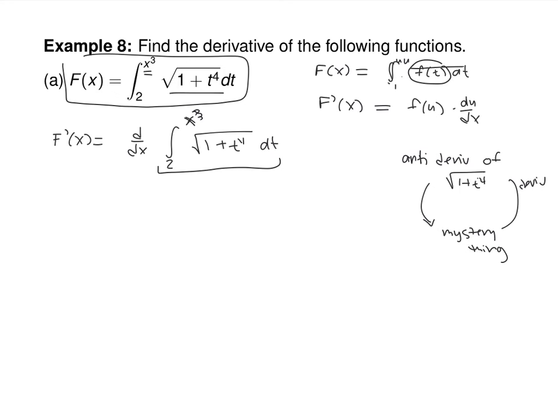The one funky thing is that you've plugged in x cubed and 2. Plugging in 2 is just a number, its derivative is 0. When you differentiate plugging in x cubed, you've got to multiply by the derivative, 3x squared, because you've input something that's not just x. So this derivative is just that function with x to the third plugged in, times 3x squared.